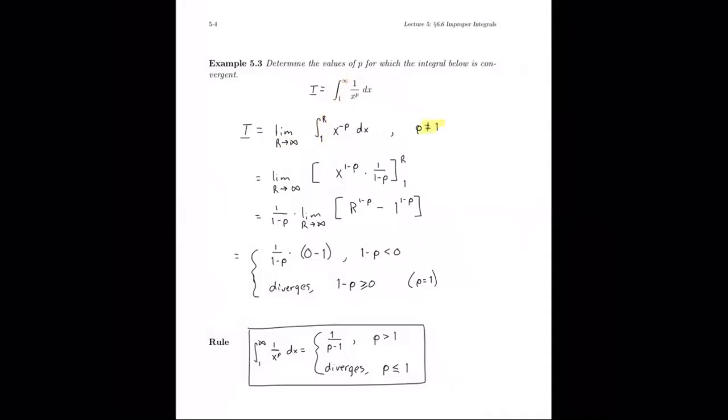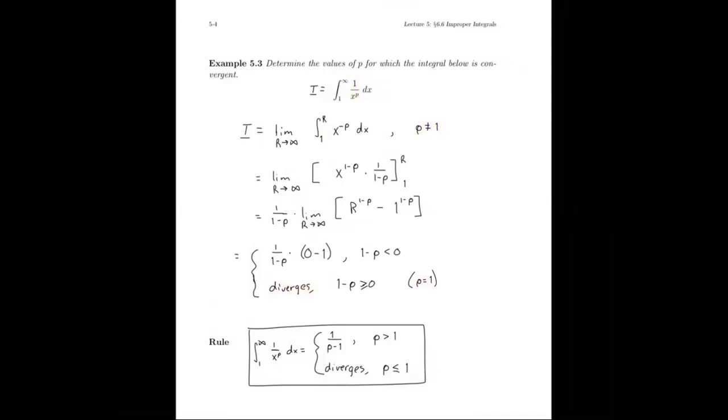That's the only special case, right? Because if p is equal to 1, we've got 1 over x. We know that evaluates to the natural log. That will be the case that diverges, right? We've seen that on the previous page. I'll let the reader establish that for p equal to 1 or even less than that too. We'll discuss that in a moment.